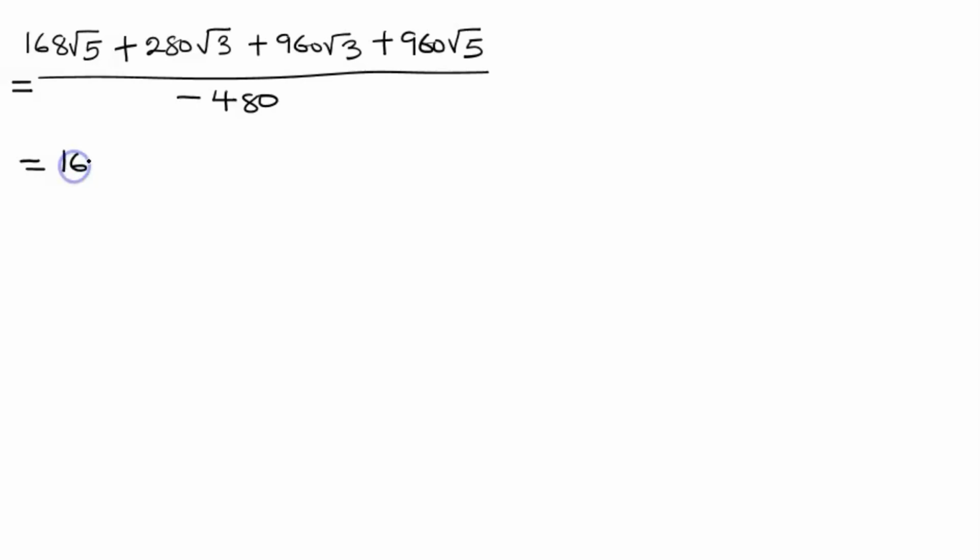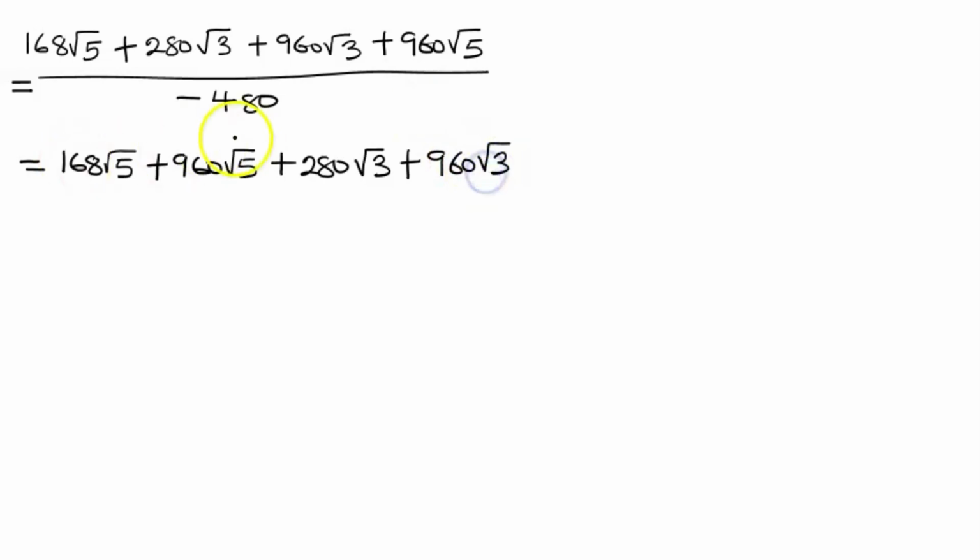I have 168 root 5 added to 960 root 5, then plus 280 root 3 plus 960 root 3. Okay, so I've been able to bring together the similar sorts, everything divided by negative 480.